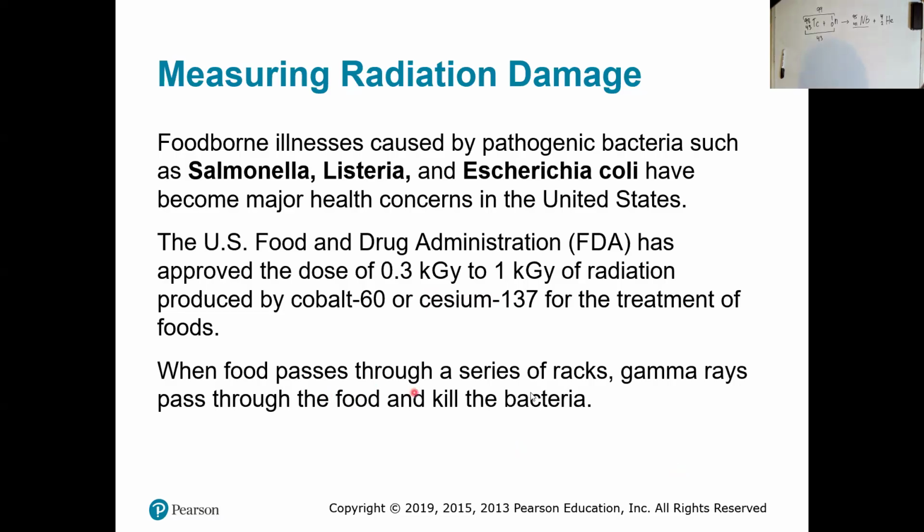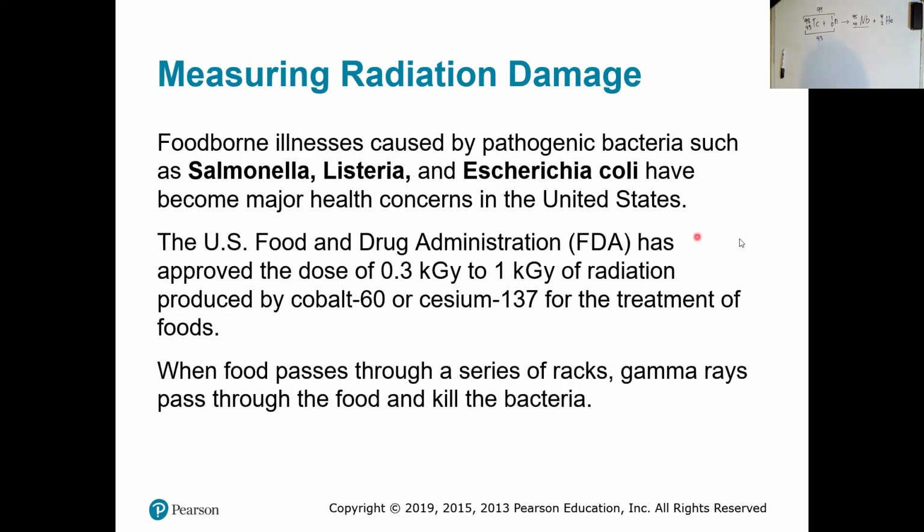So when you have food passing through different areas in the processing plants, you might have gamma radiation pass through the food, and it would then kill that bacteria that would otherwise stay there in stasis until you cook and eat the food. So there's sort of a pros and cons of this, right?